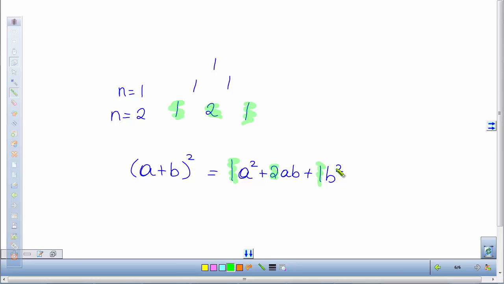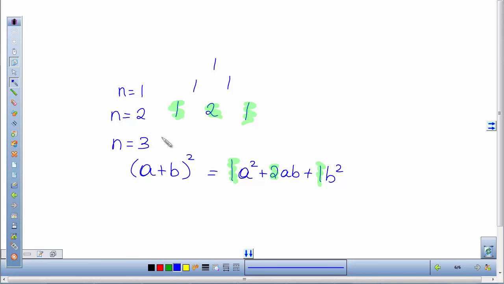Now, this is a quick way to do this. The other way we could have simplified a plus b squared is just to say a plus b times a plus b. That wouldn't take us long because it's not a lot. But what if we had a plus b cubed, or a plus b to the 5th, or a plus b to the 100th? Using a method like this would be a lot faster. So if I go to the next row of the triangle, I'm going to start the row with a 1 and end it with a 1.